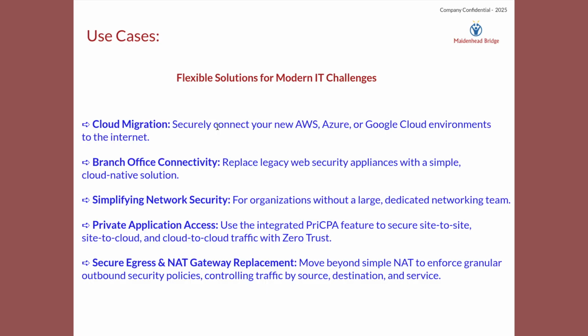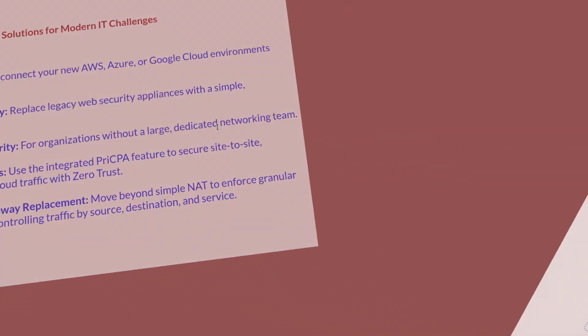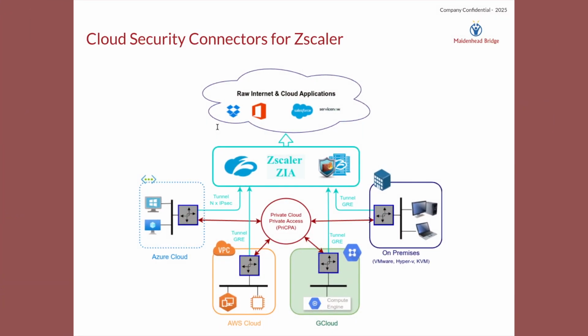This will bring more savings to your environment, and we call it advanced NAT gateway because you can enforce granular outbound security policies. With the NAT gateway that Azure offers, you can't. You need to do security groups per VM, or it's very difficult. But with the advanced NAT gateway, it's much easier because it contains policies.